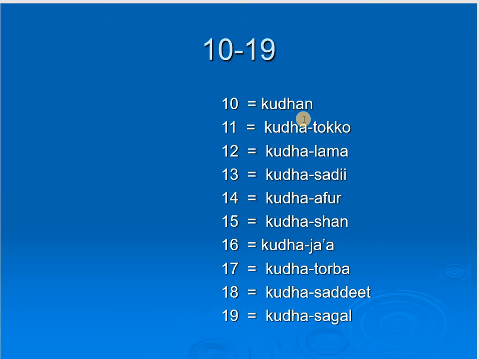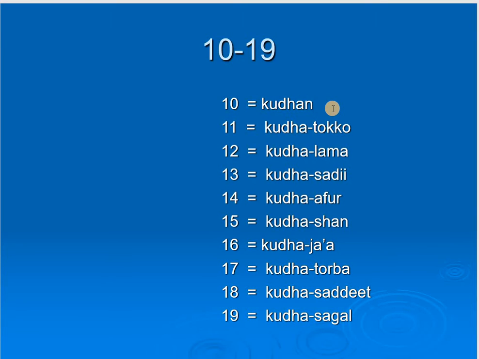But in some parts of Oromia, some Oromo people say it like this: Kudani Tokko, Kudani Lama, Kudani Sadi, Kudani Afur, Kudani Shan, Kudani Ja'a, Kudani Torba, Kudani Saddeet, Kudani Sagal.